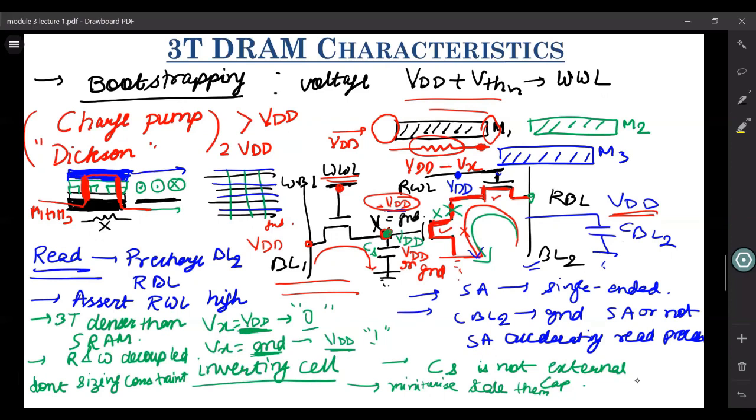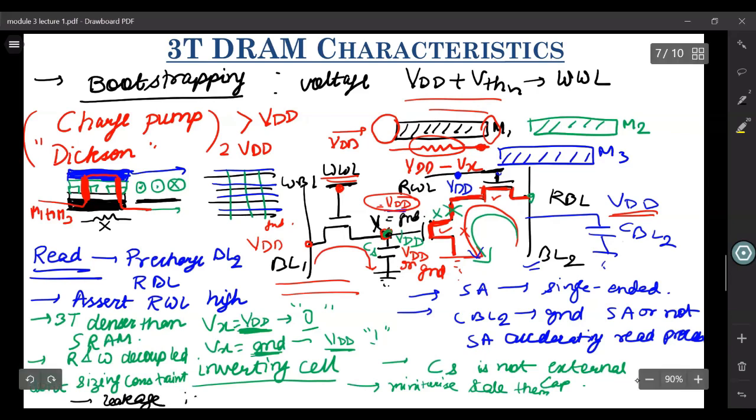But again, the benefit of this is your read and write is decoupled, so there's no sizing constraint. And also one more important point, once there is no sizing constraint, the charge over here gets disturbed only via leakage. It's not disturbed during the read process.